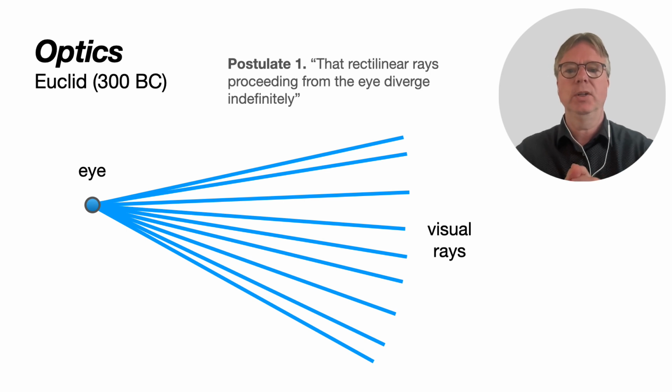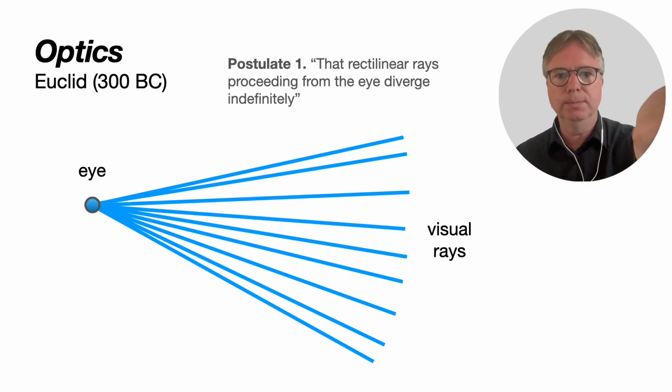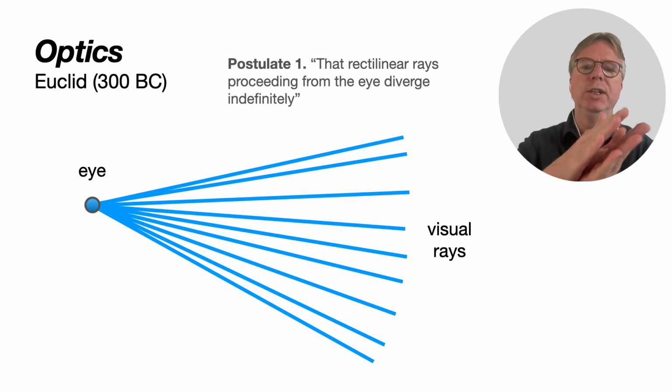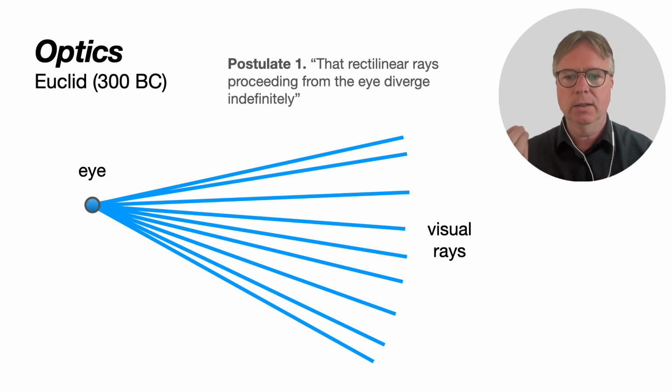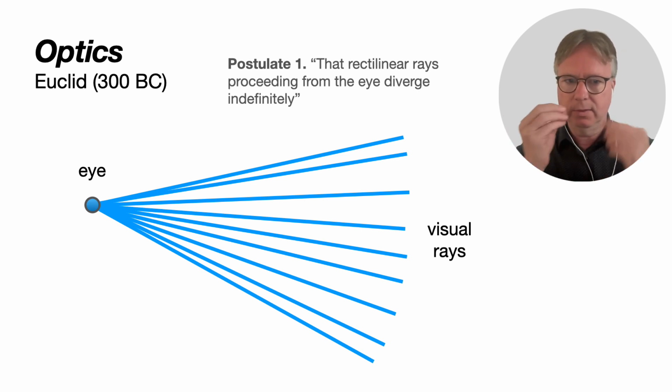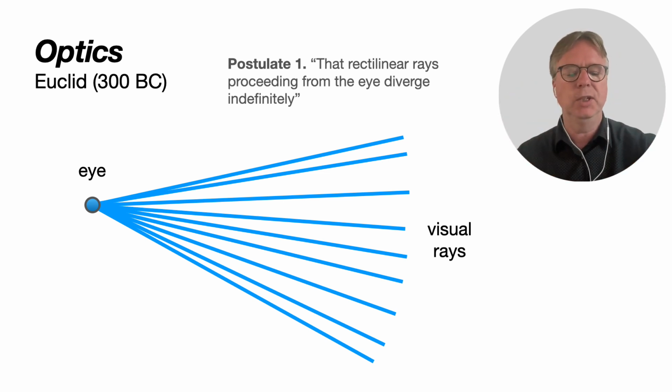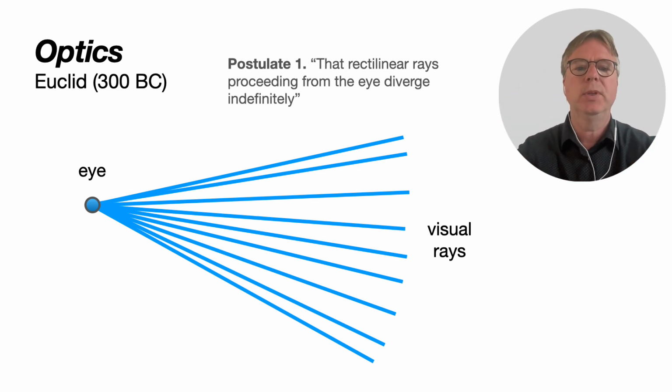Let's look at his first postulate. He says rectilinear rays, so basically light rays go straight, and they're diverging from the eye. Euclid thought that light comes out of the eye and goes into objects. We don't think that anymore, but mathematically, it's enough for us.